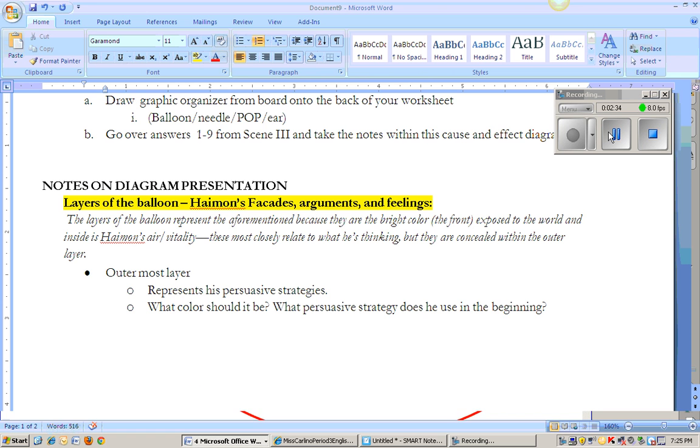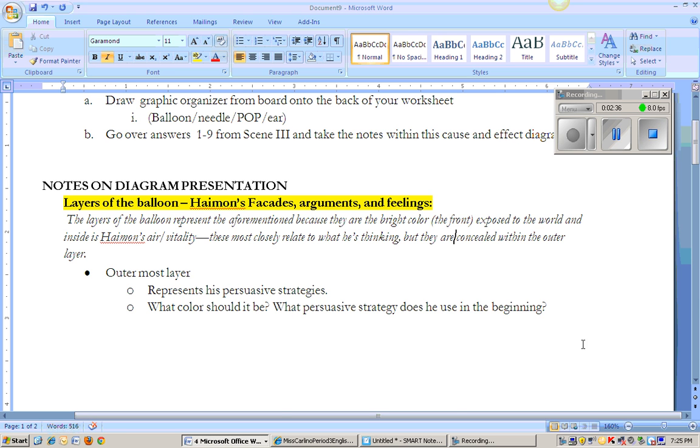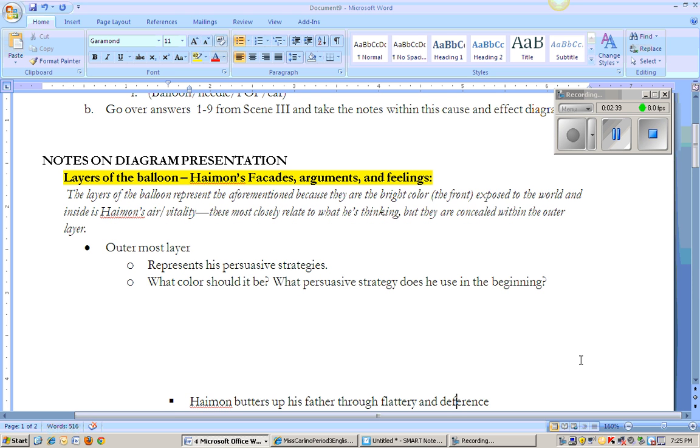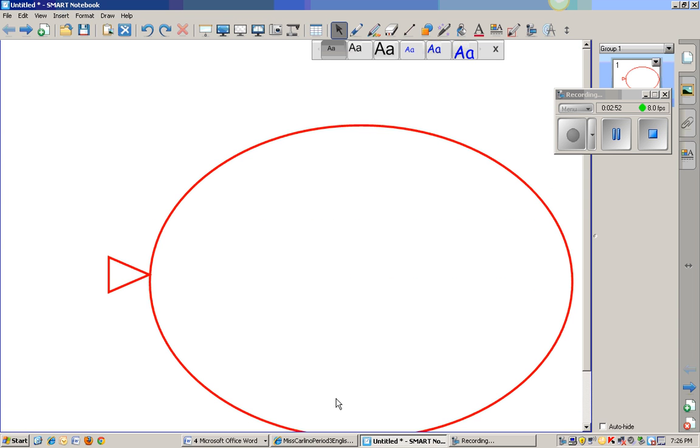He butters up his father through flattery and deference. I was thinking about what color the balloon should be, since it's buttering up his father through flattery and deference.